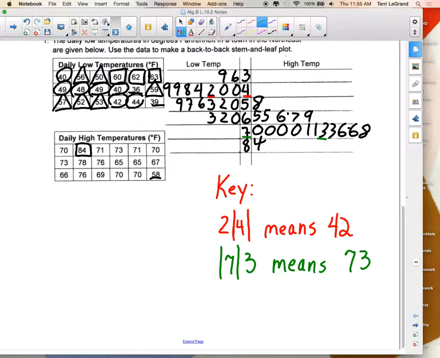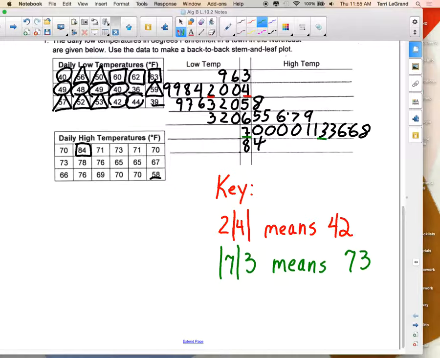Yes, Michaela? Is it always low, high, or does it matter? What do you mean low, high? Like, could we do high, low first, or is that wrong? You know what? It wouldn't necessarily be wrong, but because we read something from left to right on a page, chances are, somebody's going to look at it. It would be easier for them to do the left side of the stem and leaf plot first.